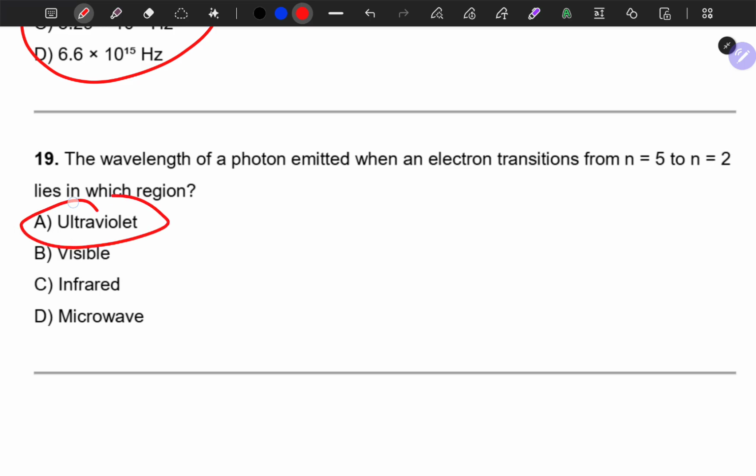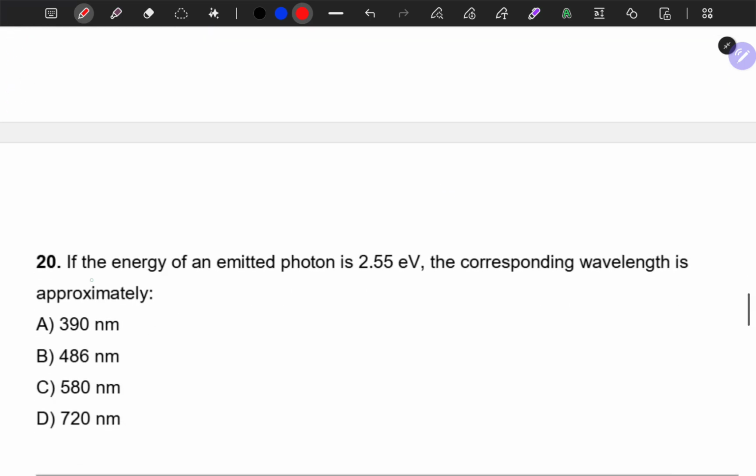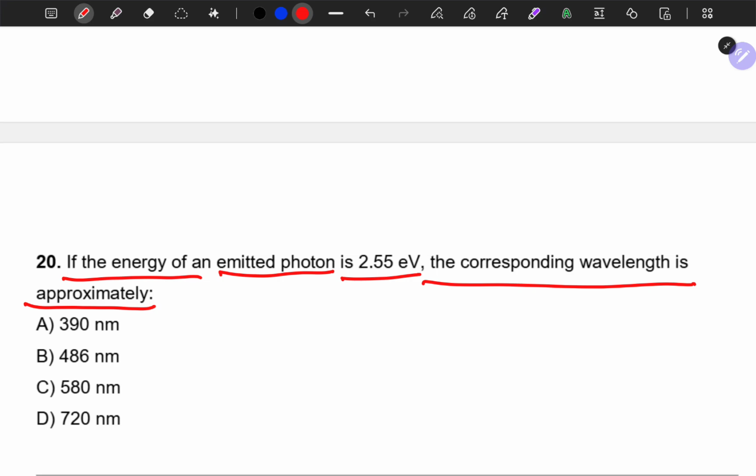And finally the question number 20 here is that if the energy of an emitted photon is 2.55 electron volt, the corresponding wavelength is approximately. Again we have the same equation, E is equal to hc by lambda.